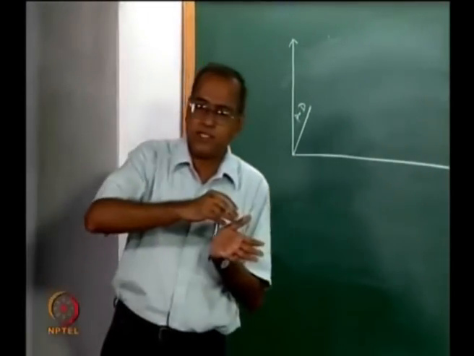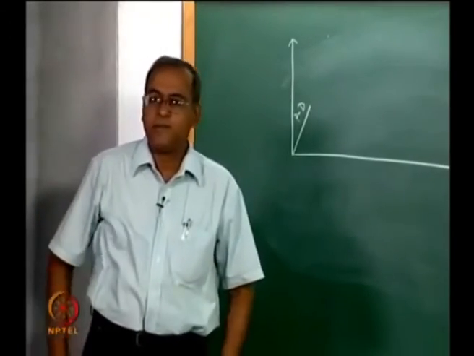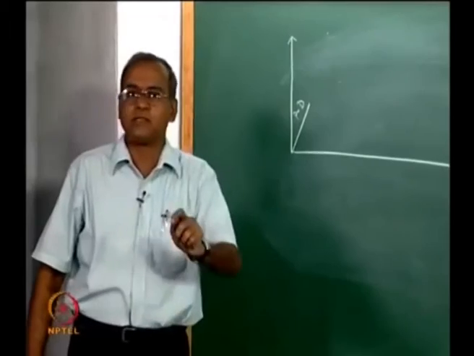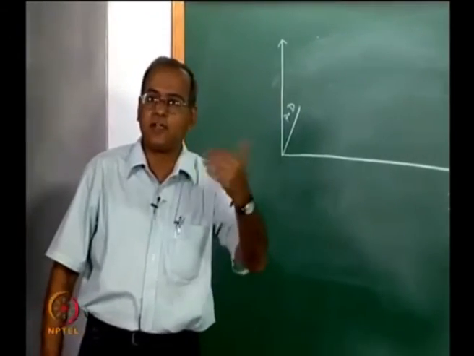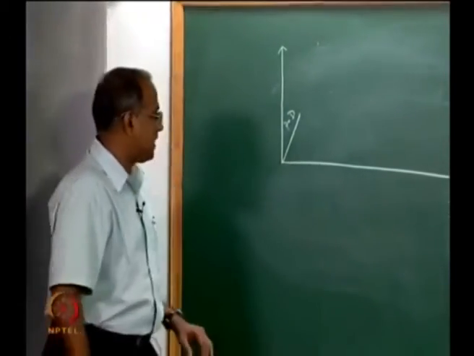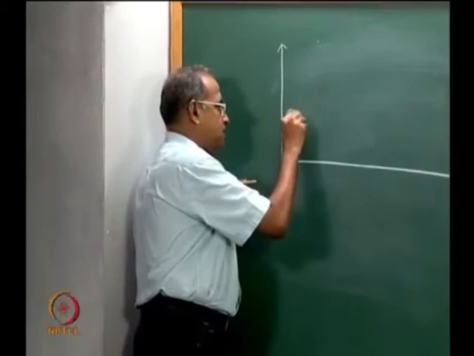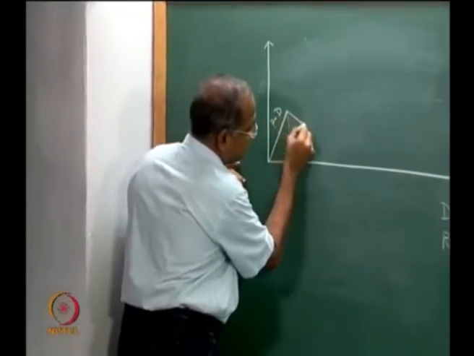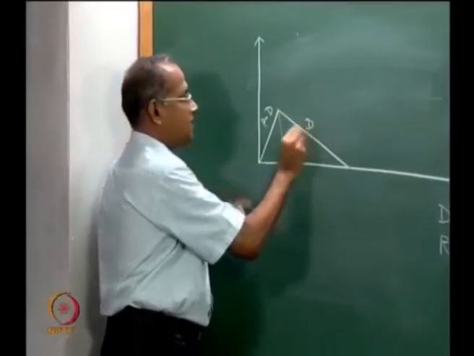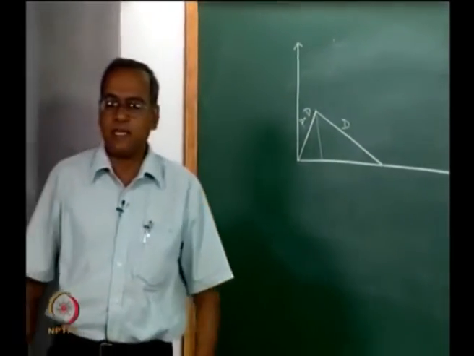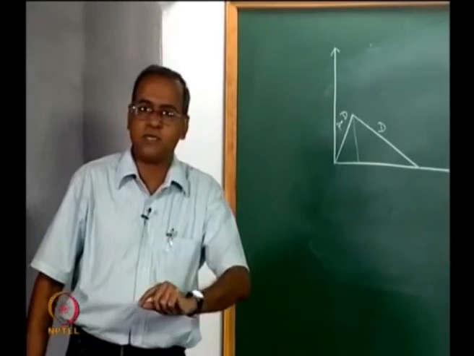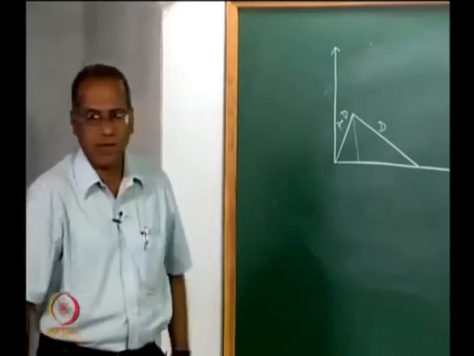So let us say we build up this inventory up to a certain point, and then we stop producing this item, and then we start consuming this item only from the inventory that has been built up. So then from this, let us assume we stop production here at this point, and then we start consuming this item. So we consume it at the rate of D, and then the inventory comes to 0, and we assume that the moment the inventory comes to 0 we start producing this item again.